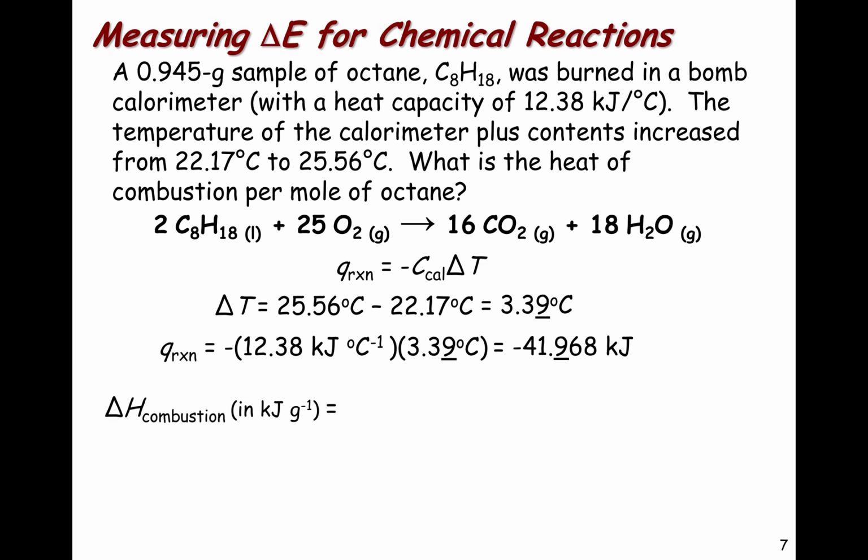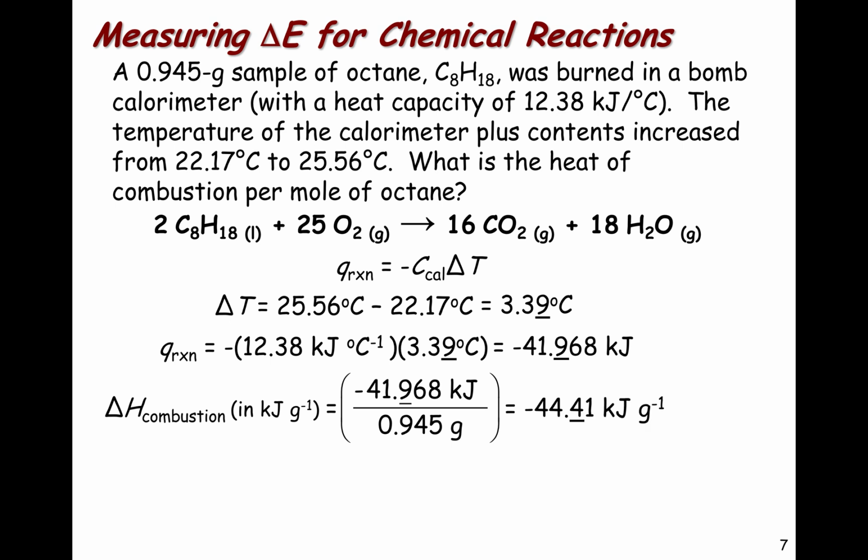Ultimately, to get the delta H of combustion, the enthalpy of combustion in kilojoules per mole, we're going to take our kilojoules that we just calculated and divide by the number of moles, but we've been given mass, 0.945 grams of octane. In this case, our heat is 44.41 kilojoules per gram.